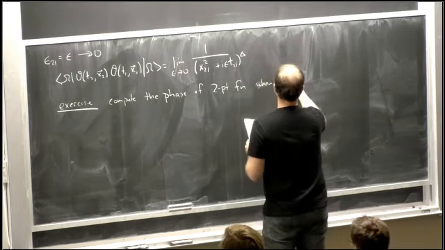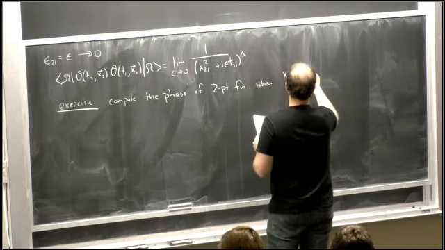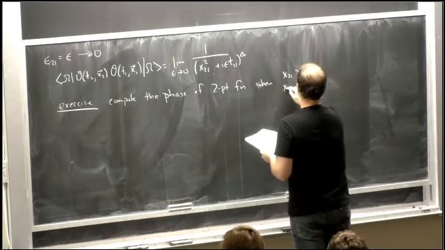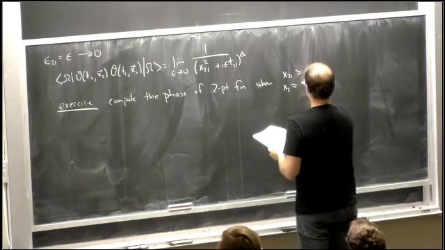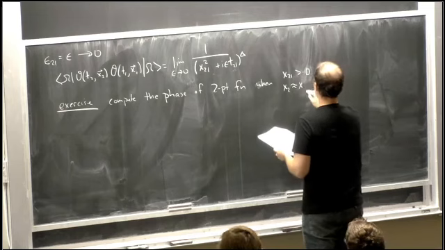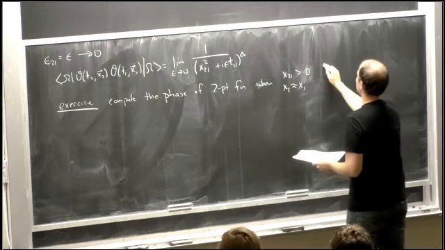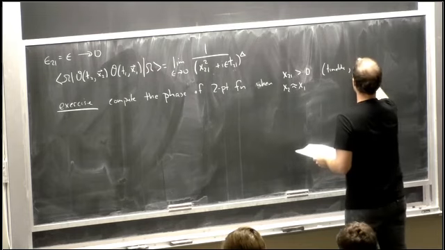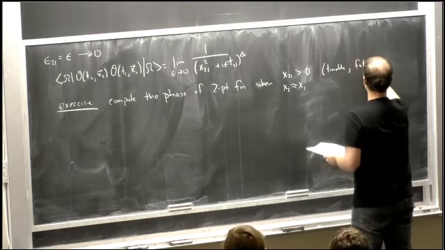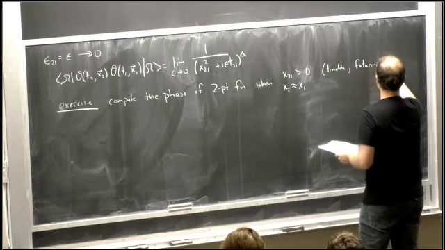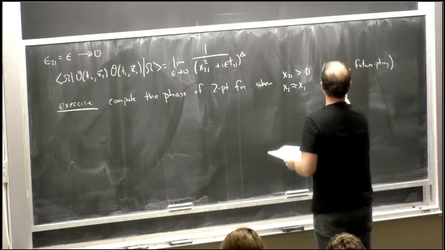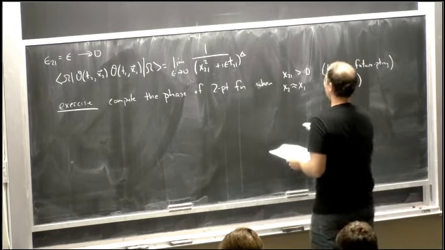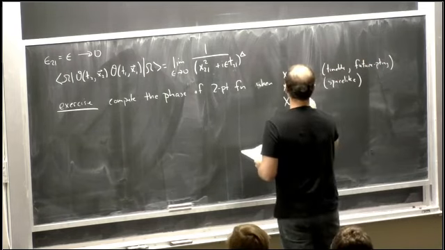So when x21 is space-like and future pointing, when x21 is time-like and future pointing, when x2 is space-like from x1, so this is time-like future pointing. This notation means space-like, and then finally the other direction.